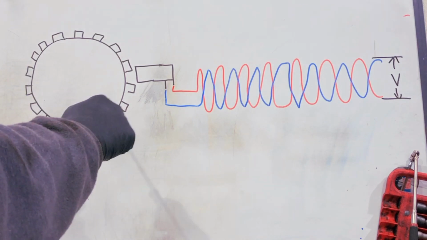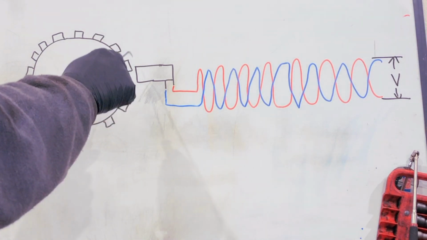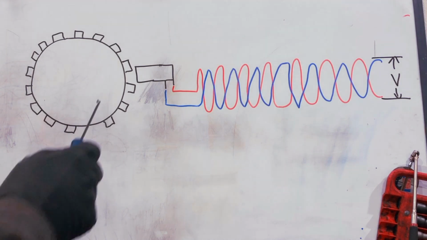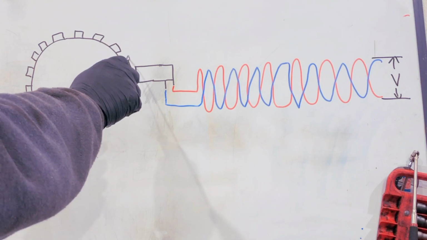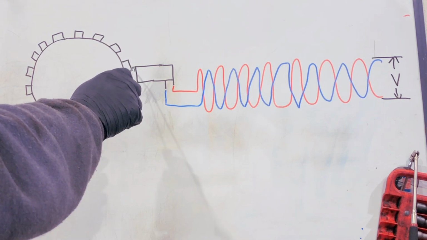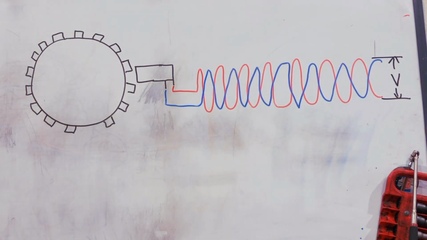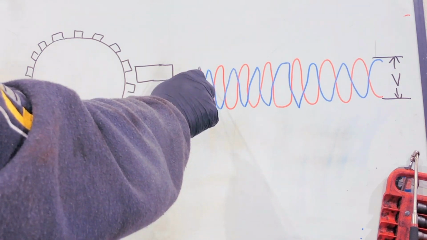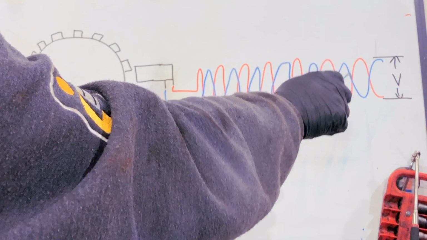So it looks at the flywheel, and the flywheel has these notches, lumps, bumps, whatever you want to call them, on it, and every time one of those raised sections of the flywheel passes the crank sensor, it creates a voltage on both wires, and that voltage turns into a sine wave, up and down, up and down, up and down.